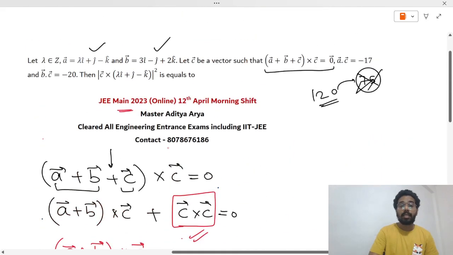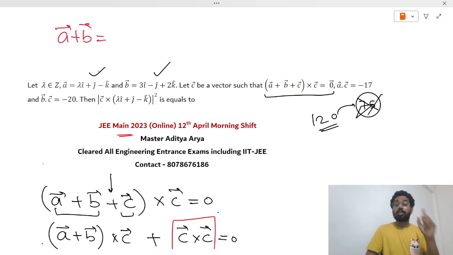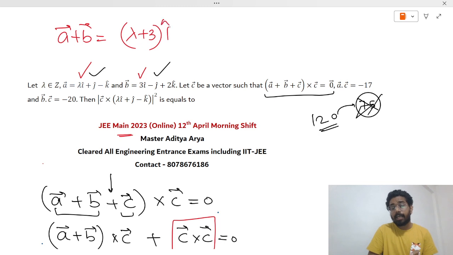Now what is A plus B? Let's first figure this out. Concept number four: if we are adding two vectors, then their i cap components are added together. So lambda i plus 3i is (lambda plus 3). Similarly, components of j get added together: j vector minus j vector cancels out, so 0j.